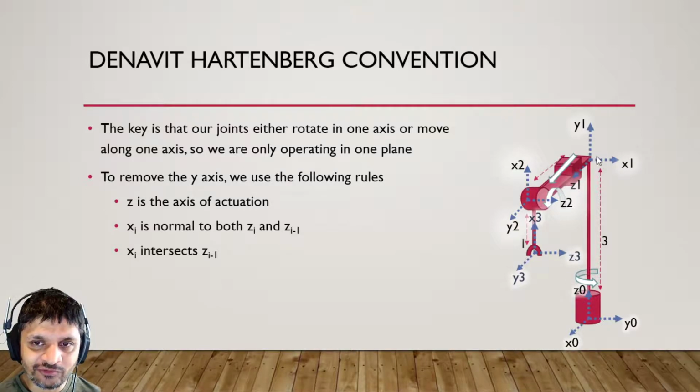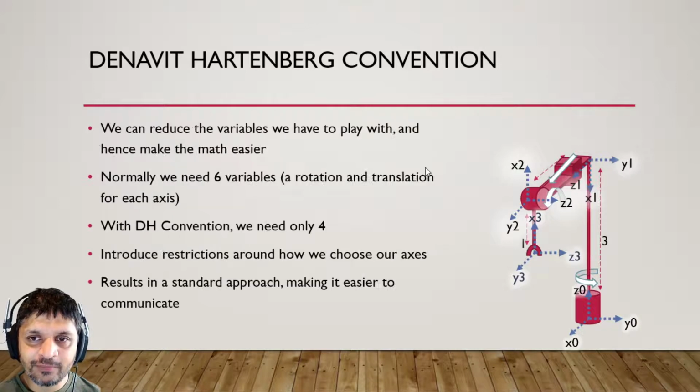For the next reference frame then, reference frame 1, what we need to do is we need to say, first of all, z is the axis of actuation, so in that case this is our z. Then xi, so this is the x1 axis, must be normal to both zi and zi minus 1. So fundamentally what we're saying is it needs to be perpendicular to this z, right, and this z, okay, and it is, so we're fine.